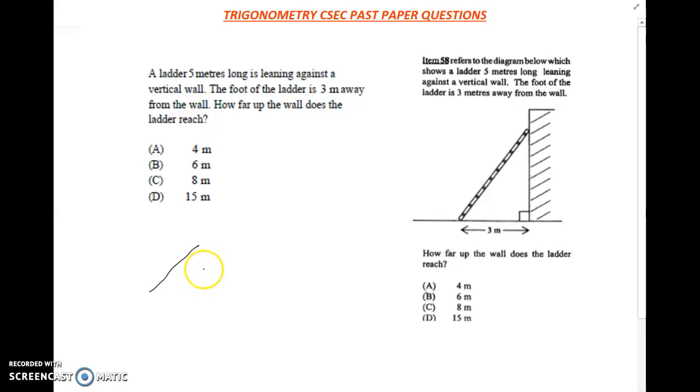The foot of the ladder is 3 meters away from the wall. So let me draw this line here. This is the wall, because the ladder is leaning on the wall. Good. So now the ladder is 5 meters. And the foot of the ladder, this is the foot of the ladder right here, is 3 meters from the wall.